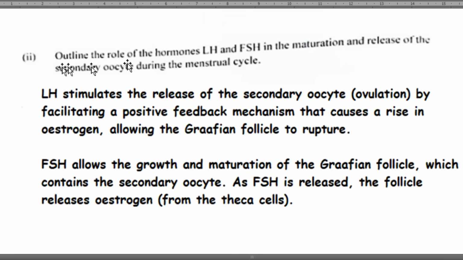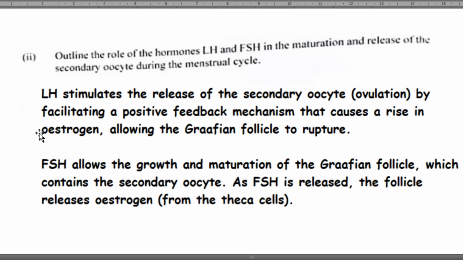The next question, part 2, outline the role of the hormones FSH and LH in the maturation and release of the secondary oocyte during the menstrual cycle. The secondary oocyte is the egg. So what LH does is that there's a surge in LH. LH stimulates the release of the secondary oocyte by facilitating what's called a positive feedback mechanism that causes a rise in estrogen.